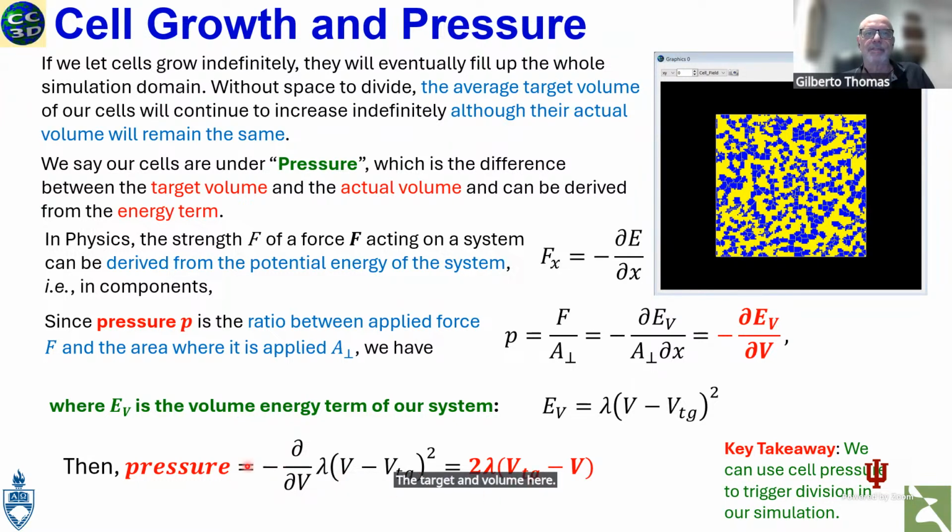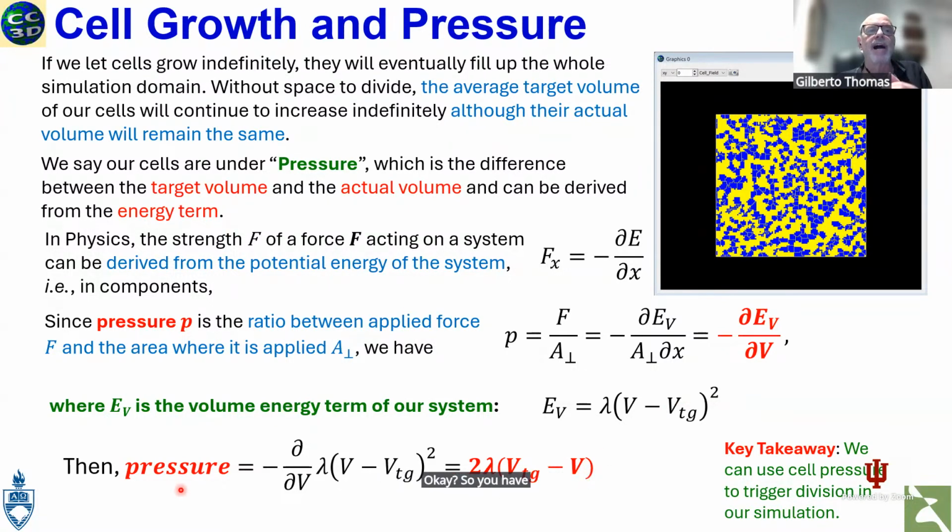So pressure is a quantity measured from how much the volume departs from the target one linearly. Here it is quadratic, it is squared. Here it is linear. See the difference?